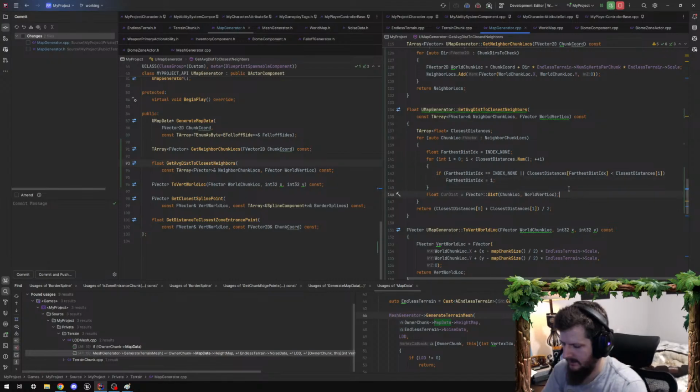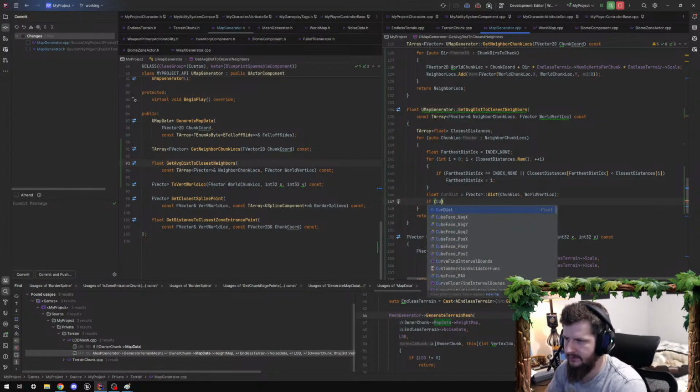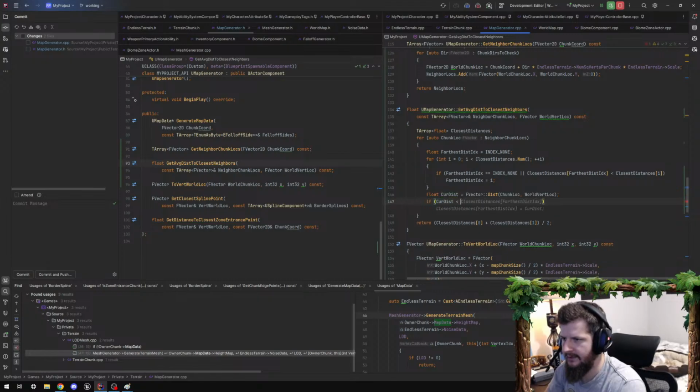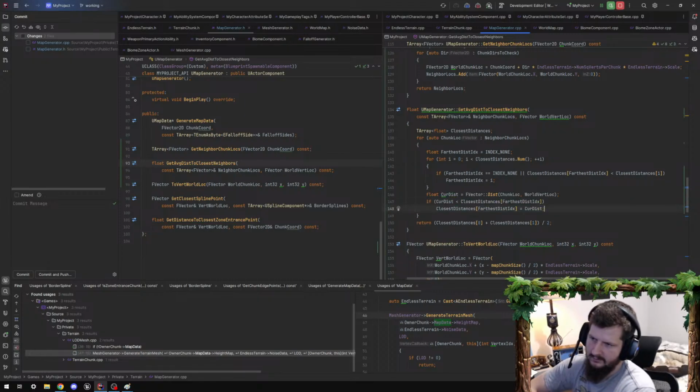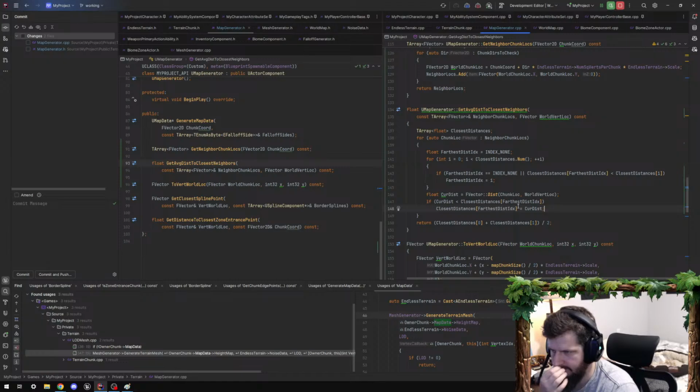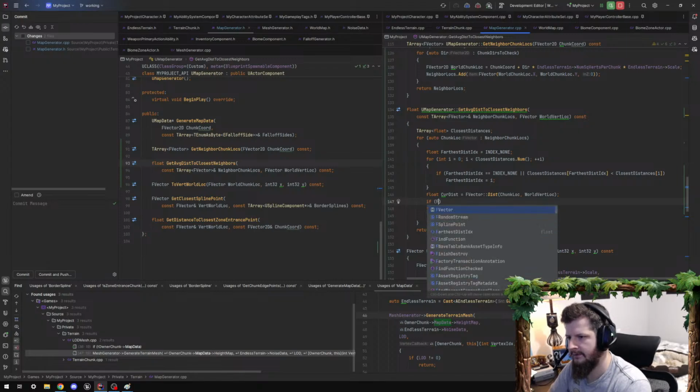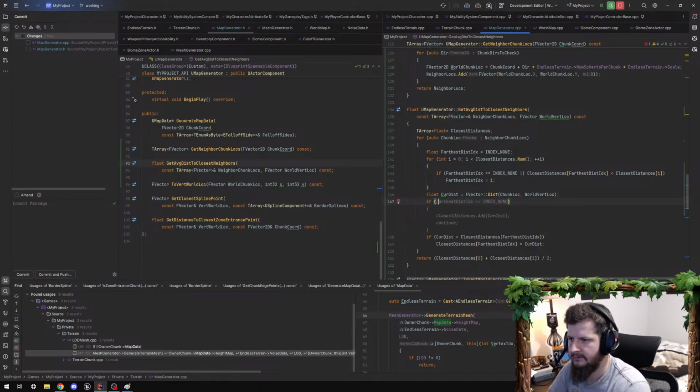And then I will say if current distance is less than the farthest distance, then I replace it. And I'll just say if farthest distance index equals index none, yeah, we add it and skip it.